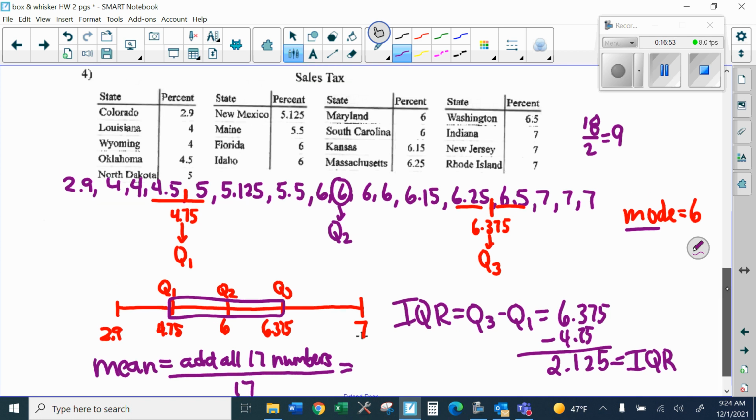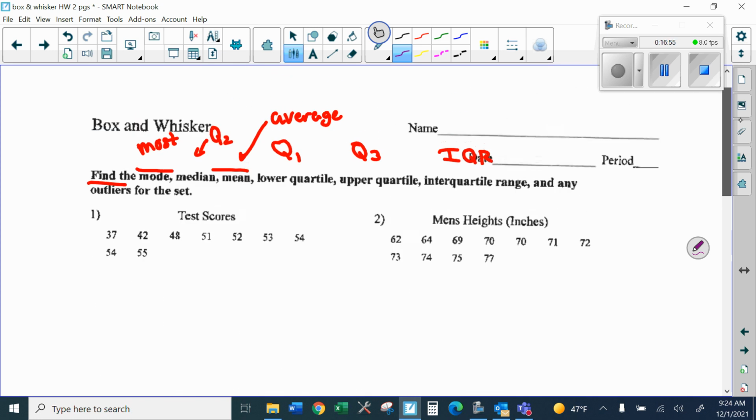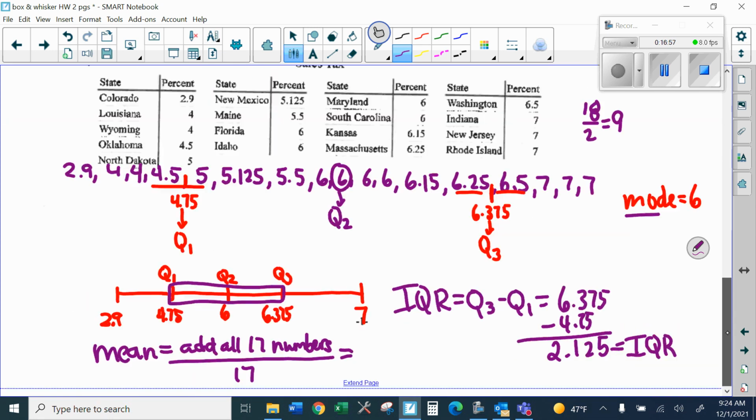Oh, outlier. We're going to do outlier as well. Okay, outlier. Remember, I do Q3 minus Q1, which is the interquartile range right here. So outlier is connected to that. So outliers, and there could be more than one, is 1.5 times the IQR, which is 2.125.